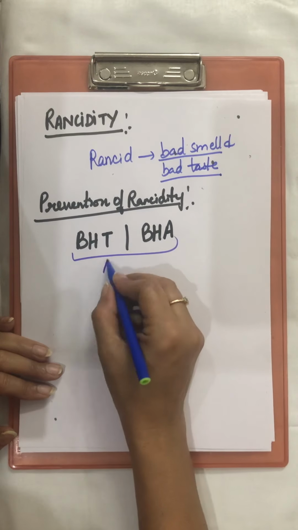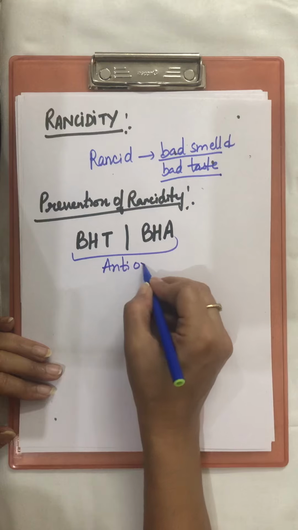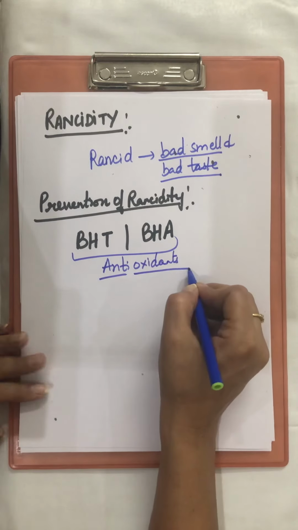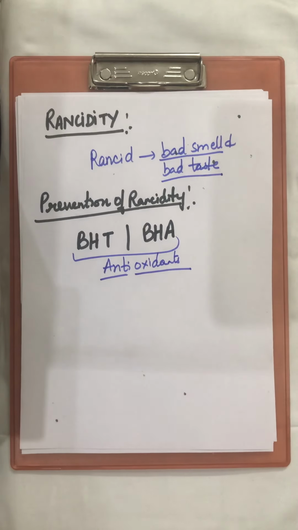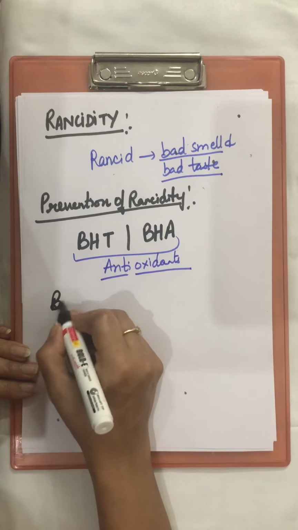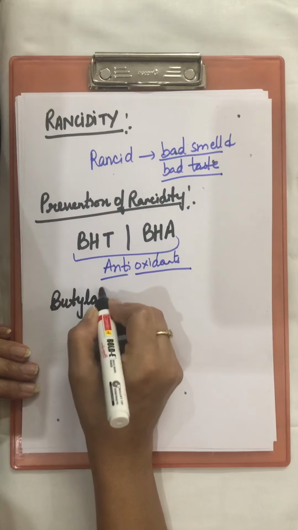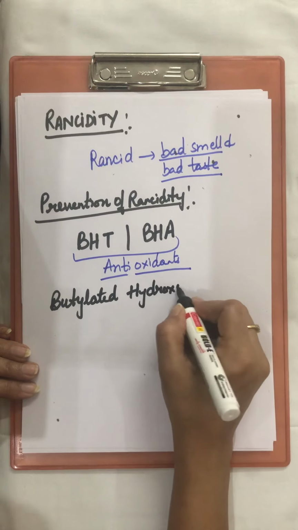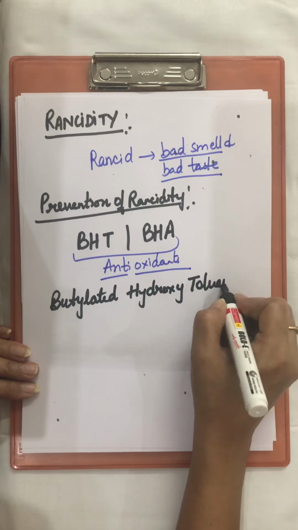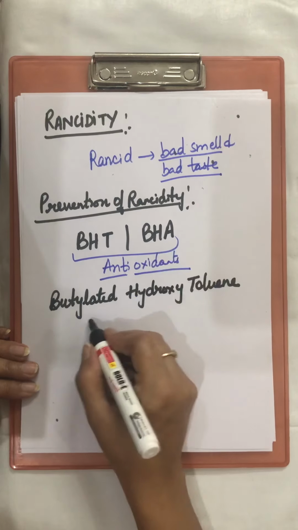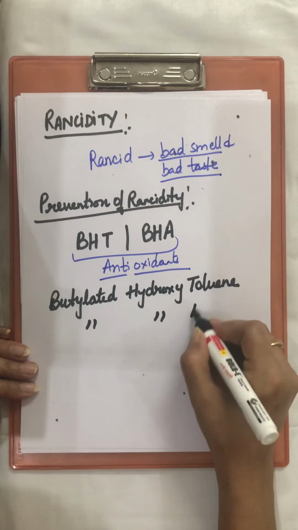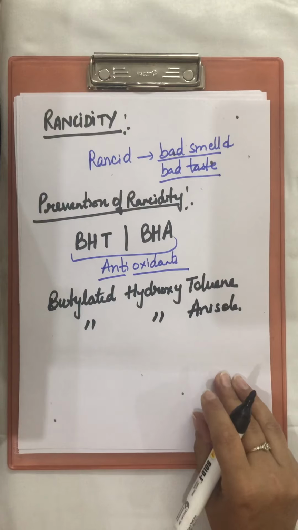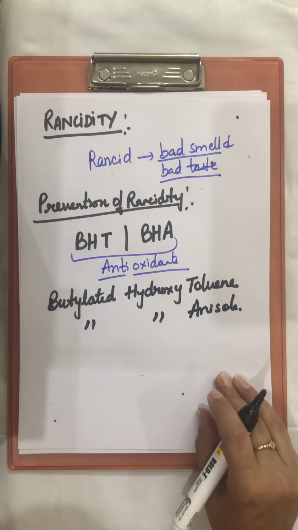They will not let oxygen attack the food. The full form of BHT is butylated hydroxy toluene, and the full form of BHA is butylated hydroxy anisole. So these antioxidants can be added to the food.